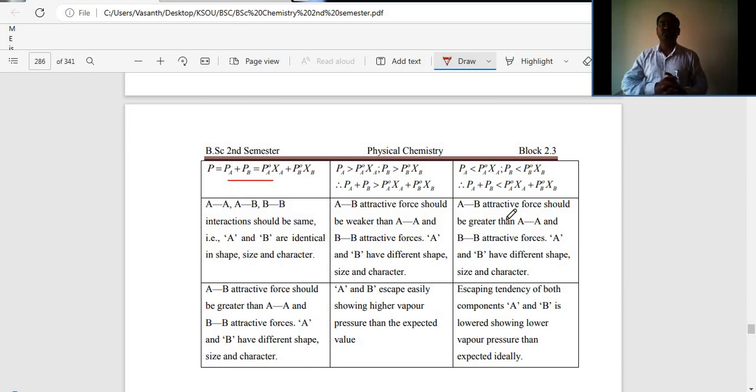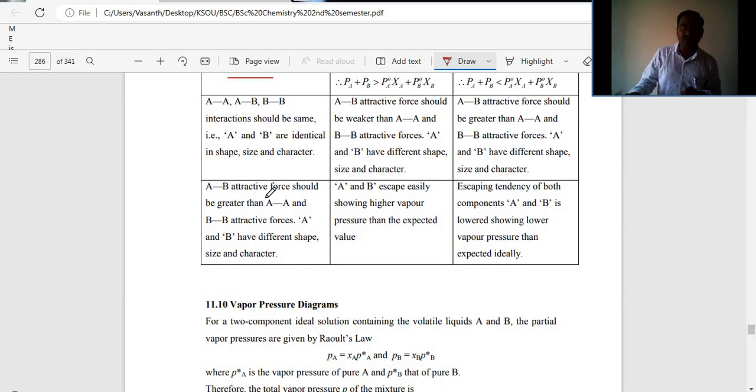A and B escape easily, showing higher vapor pressure than the expected value. In negative deviation, the AB attractive force is greater than the AA and BB attractive forces, and the escaping tendency of both components A and B is lower, showing lower vapor pressure than expected ideally.